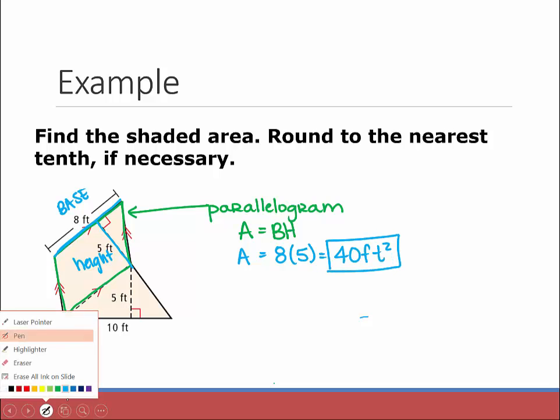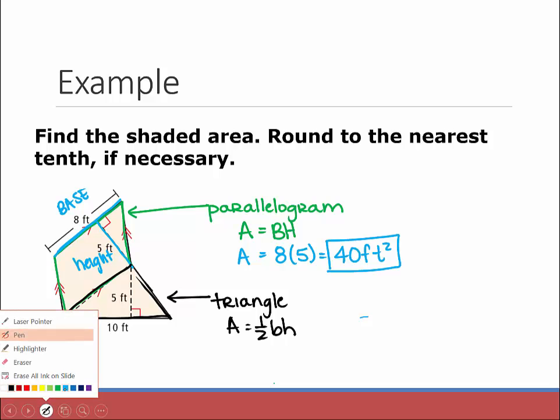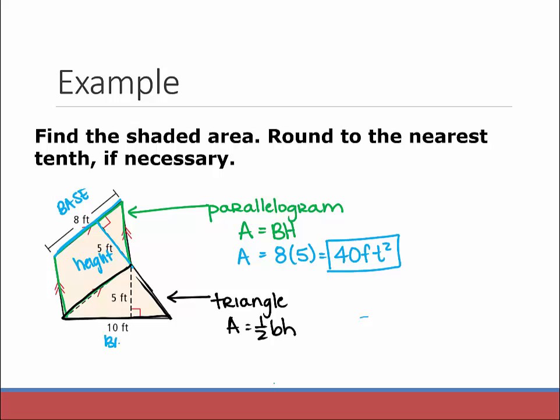Now this other shape we can see is a nice triangle. Remember, the area of a triangle is 1/2 base times height. They gave us a base and a height, and it also has to form a nice 90-degree angle.